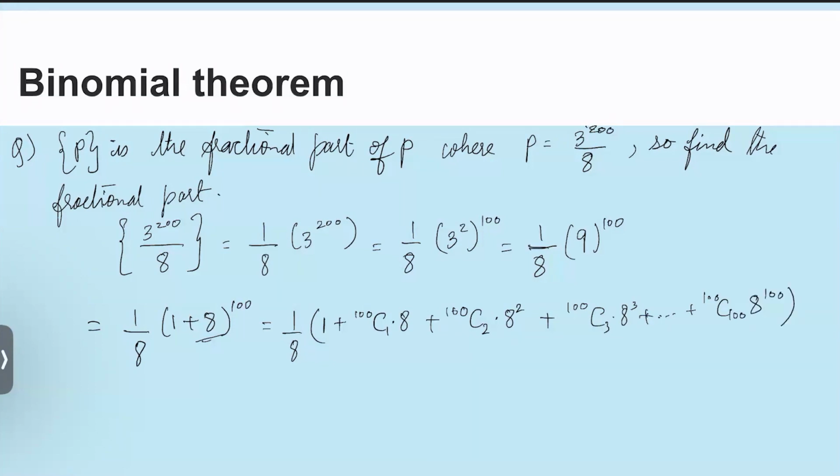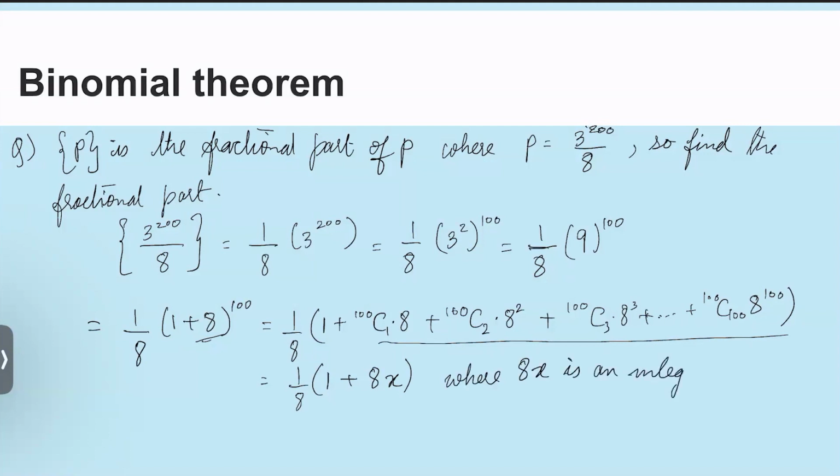Okay, so we just solved a similar sum just a few slides back. So over here also you can see that this can be written in terms of 1 plus 8, if you take out 8 common in all these terms, and the rest of all the expansion terms, all the coefficients and the values of 8 raised to some power, if you just write it as 8x, where x is an integer.